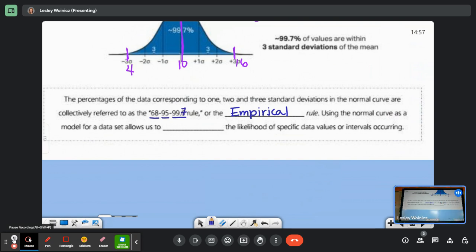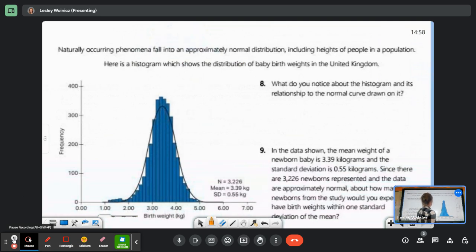Okay, using the normal curve as a model for data allows us to predict the likelihood of specific data values or intervals occurring. Everybody okay with that? Okay.